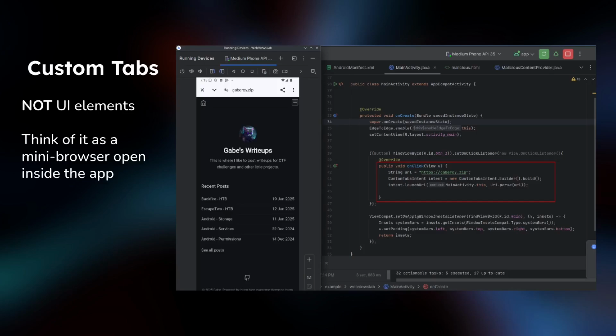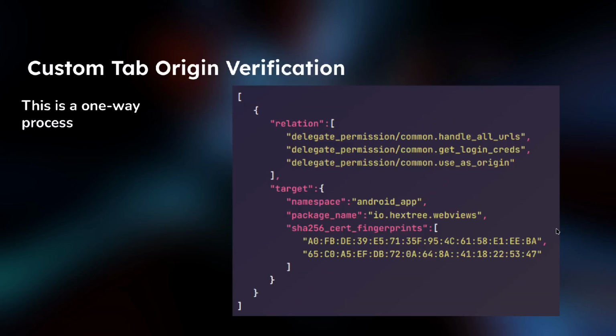And custom tabs also have the ability to verify origins, and that'll give the app that's loading that website a few more permissions. So let's say that you have a special authentication header. You could restrict that header to only be used by apps that are validated.